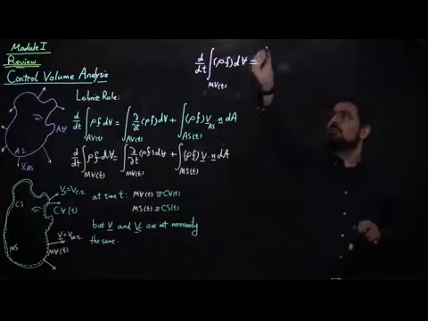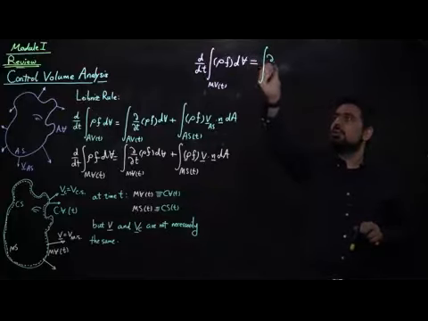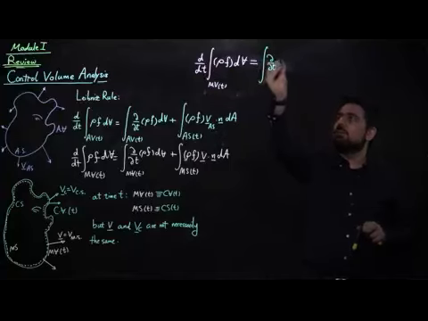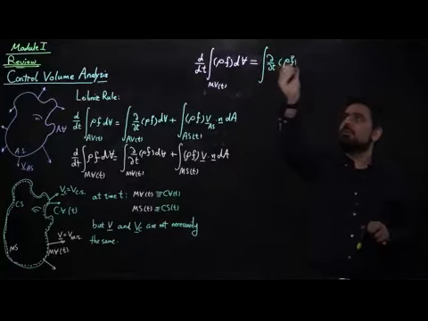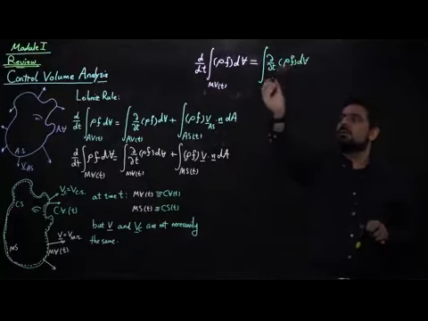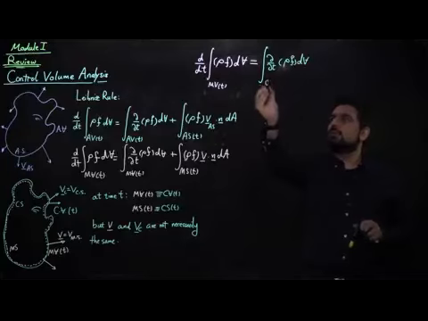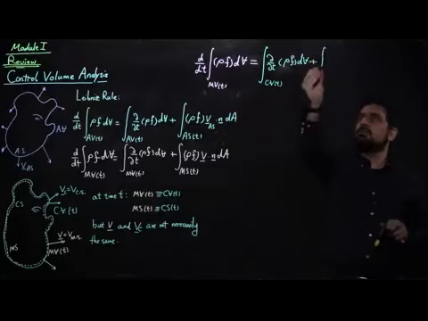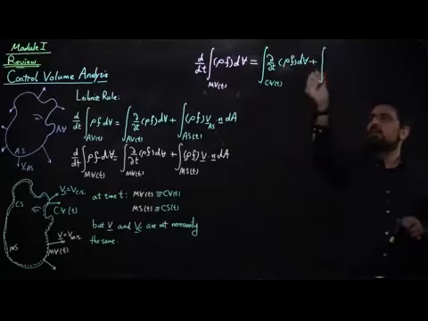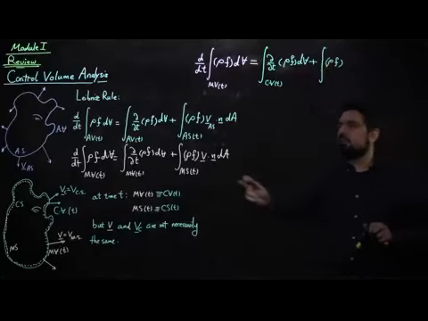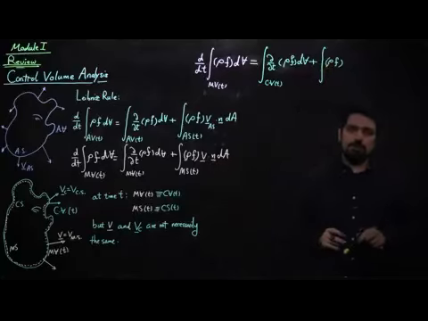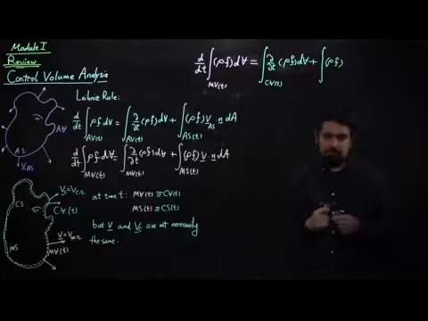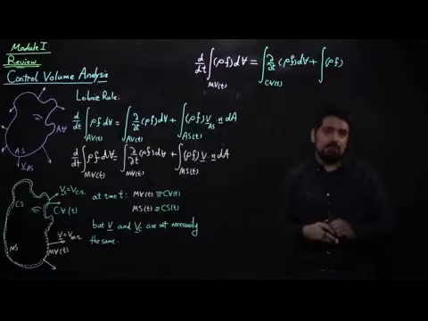So this becomes integral of d over dt comes inside, and then you have rho f dv integrated over the entire contour volume at time t, plus the second term, which would be again rho f. But we need to be careful. The velocity used here is the velocity of the material surface, which is the velocity of the flow field. This is not the velocity of contour volume.